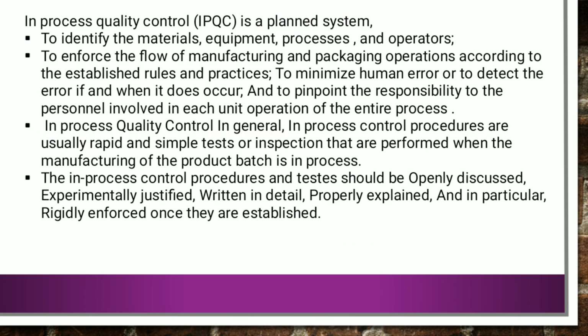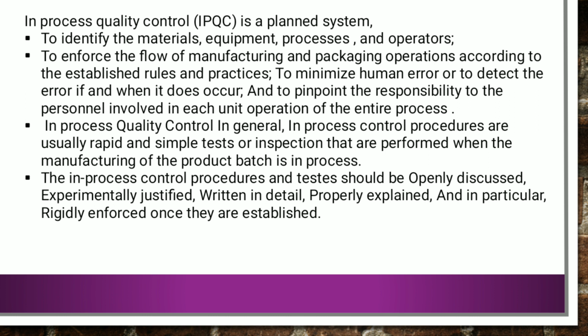Then the next one, in-process quality control, is a planned system for the purpose, first, to identify the material, equipment, process and operators, then to enforce the flow of manufacturing and packaging operations according to the established rules and practices, that is, the way it has been planned out, to see whether it is going on accordingly or not.